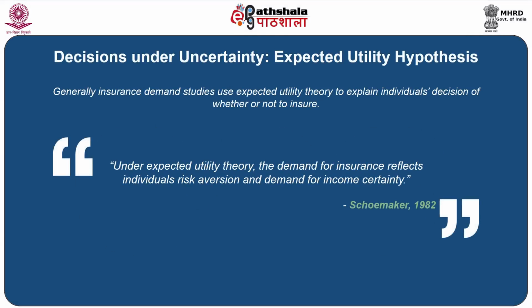Generally, insurance demand studies use expected utility theory to explain individuals' decisions of whether or not to insure. Under this theory, the demand for insurance reflects individuals' risk aversion and demand for income certainty, Shoemaker in 1982.